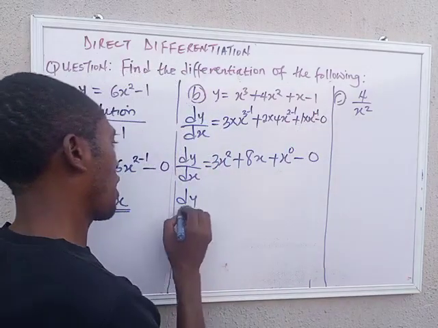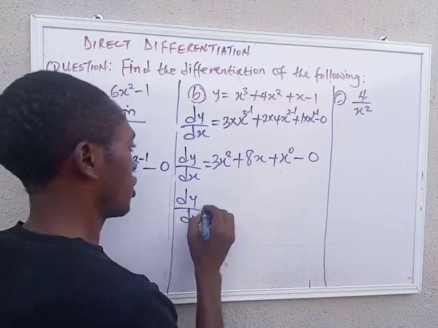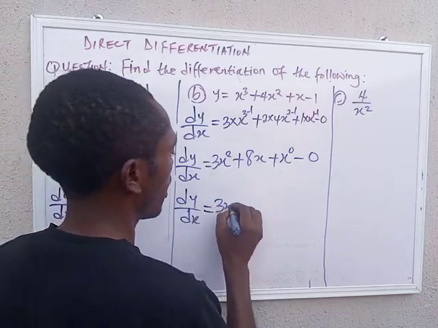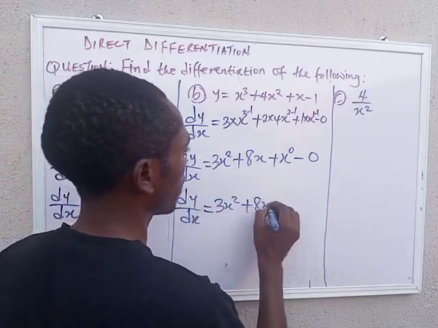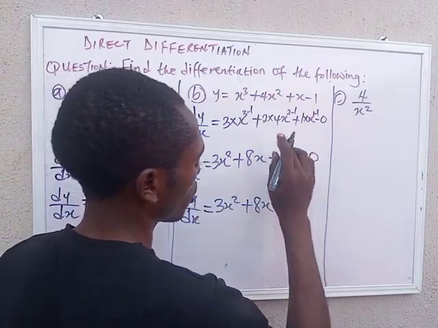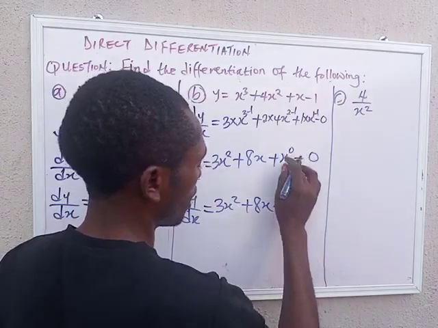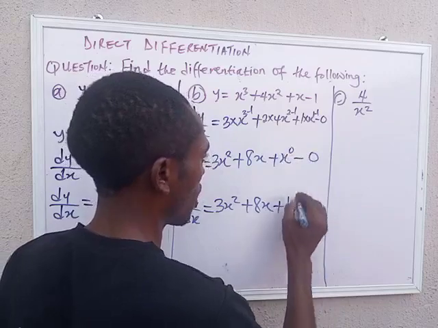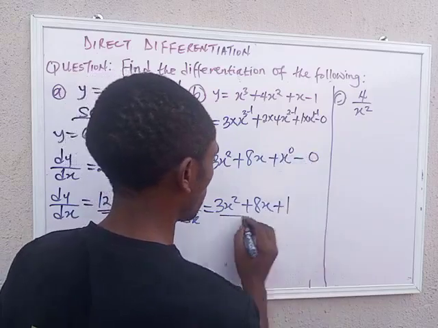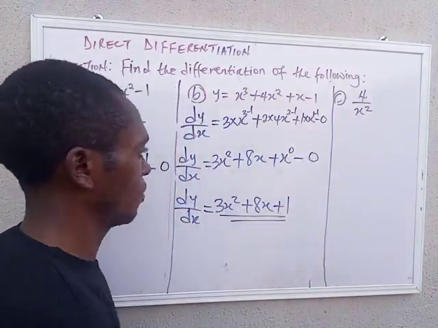So we have dy over dx is equal to 3x squared plus 8x plus 1. X raised to the power of 0 is 1. That's in indices. Anything raised to the power of 0 is 1. So this is the solution to this question.